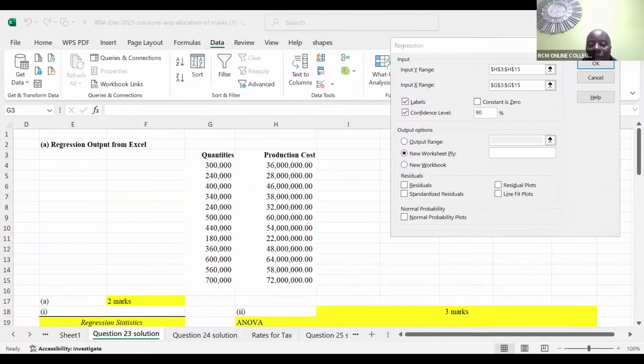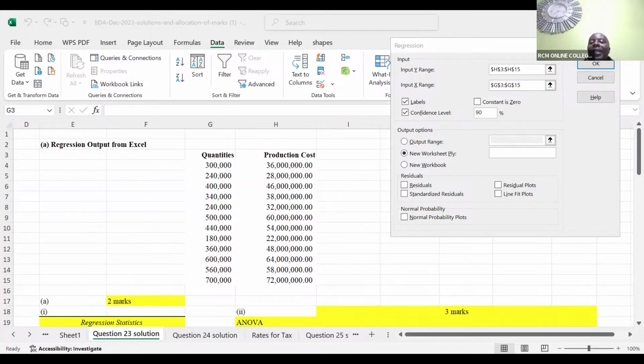Ladies and gentlemen, my good students, we are saying that CI plus significance level must always be equal to 1, such that if they tell me that my significance level is 5%, then my CI will be equal to 95%, because the two must add up to 100%, or the two must add up to 1.